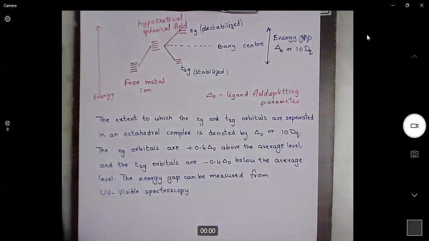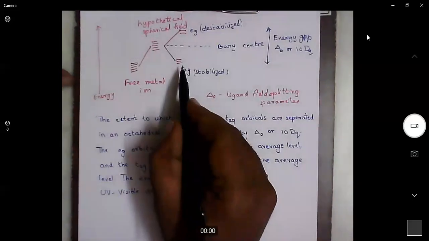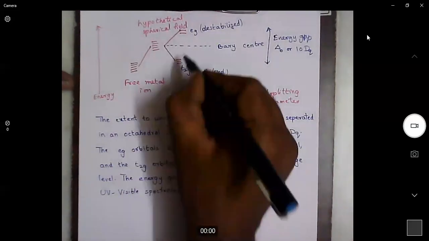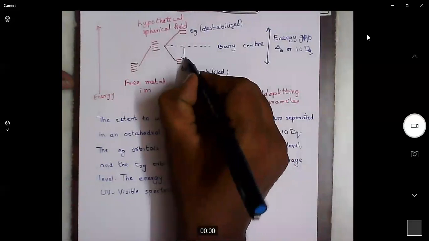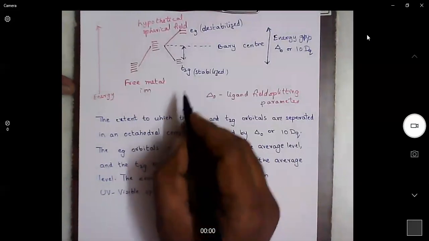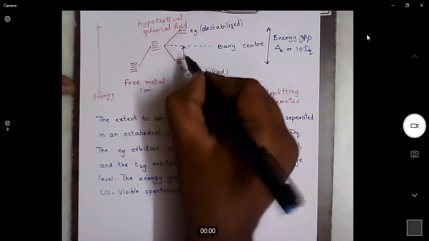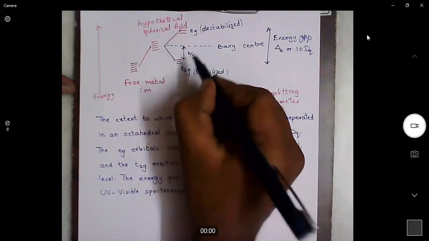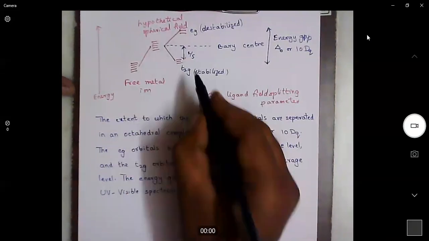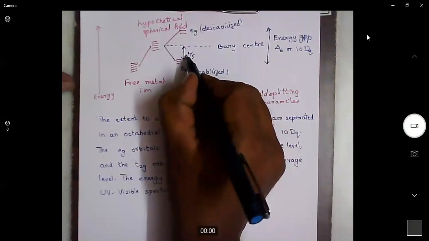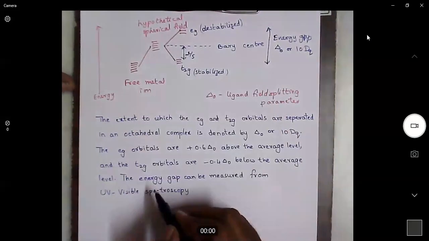Now, how much are the T2G orbitals stabilized? There are a total of 5, and 3 are stabilized by an amount equal to what 2 are destabilized by, so they are stabilized 2 out of 5. Because they are stabilized, they have decreased their energy, so we add a minus sign.